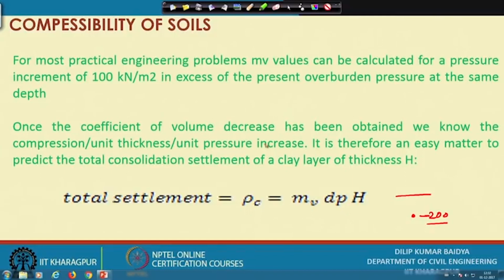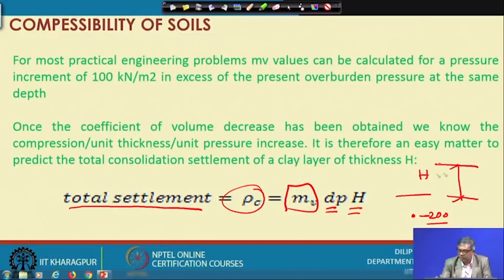Once the coefficient of volume decrease has been obtained, we know the compression per unit thickness per unit pressure increase. That means the total compression can be obtained: delta C equals MV by definition, multiplied by dP and by thickness, which gives the total settlement. Suppose there is a layer of thickness H with a value of MV, and the original pressure has increased by delta P because of some loading.